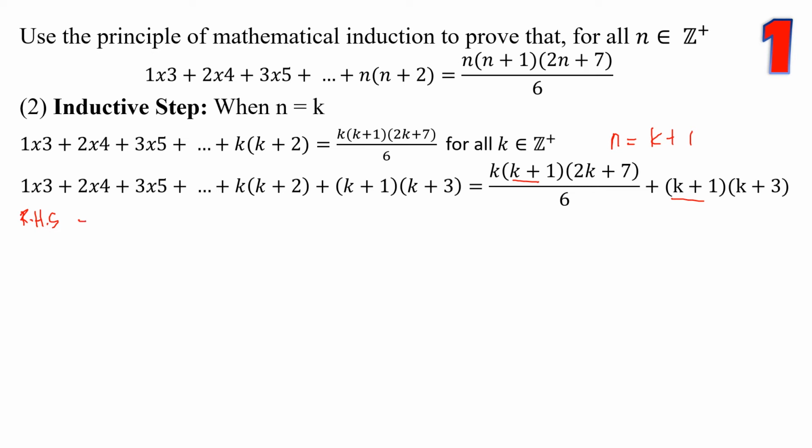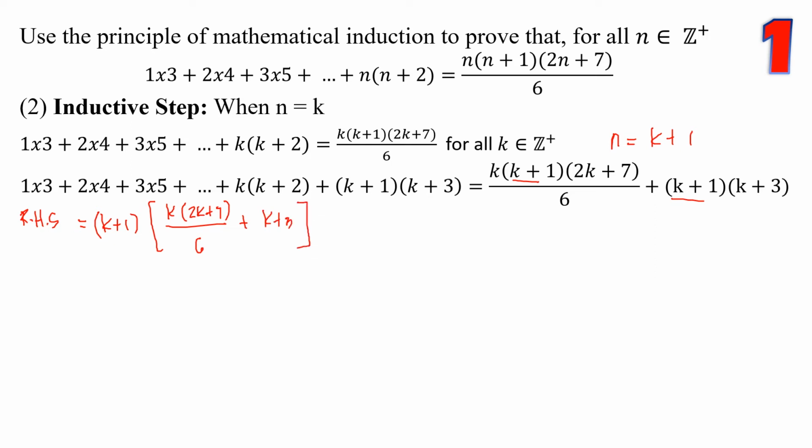We'll have k plus 1 times k times 2k plus 7 over 6 plus k plus 3.